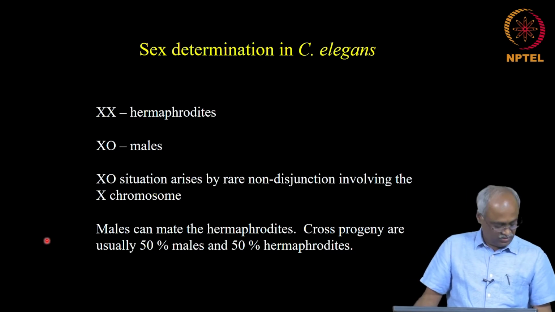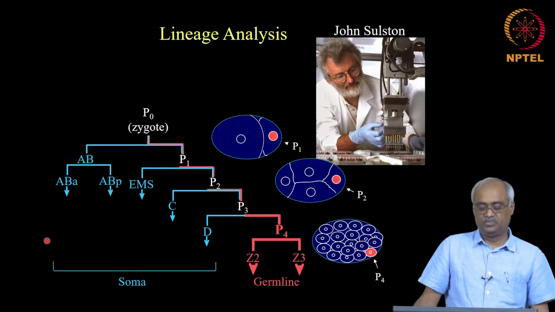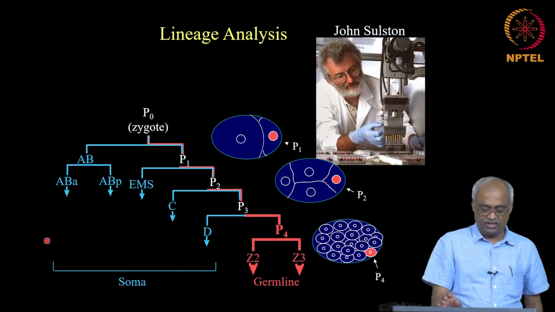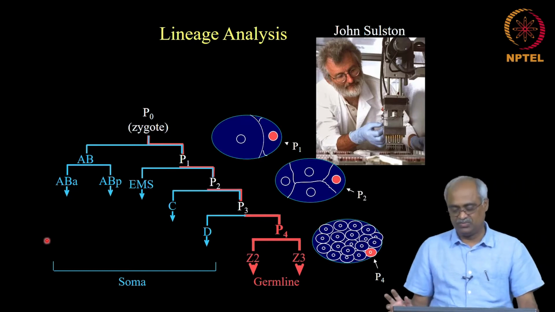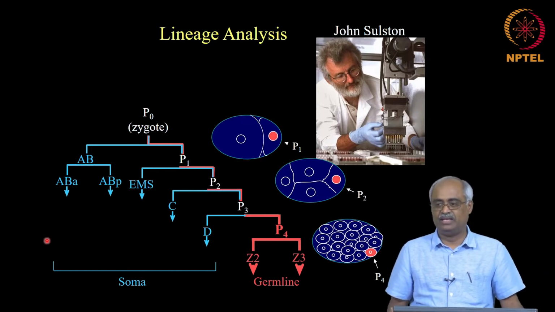So how to make use of this to discover new genes. Before that, one more set of experiments which we are already familiar with. We have already learnt about fate mapping, right, in that lineage tracing.